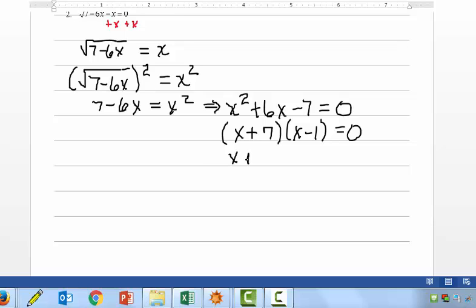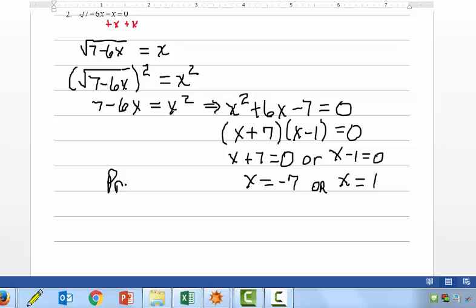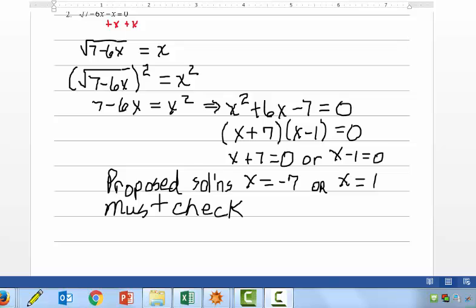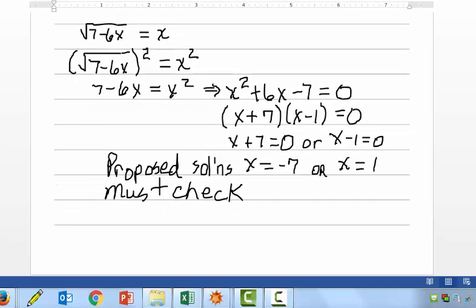The zero product principle tells me either x plus 7 is 0, which means x is -7, or x minus 1 is 0, which means x is 1. And these again are proposed solutions. I must check this because I raised both sides of the equation to an even power.